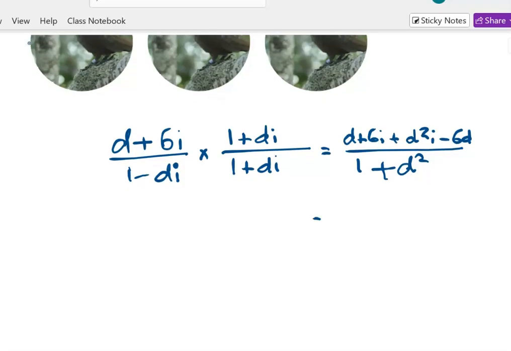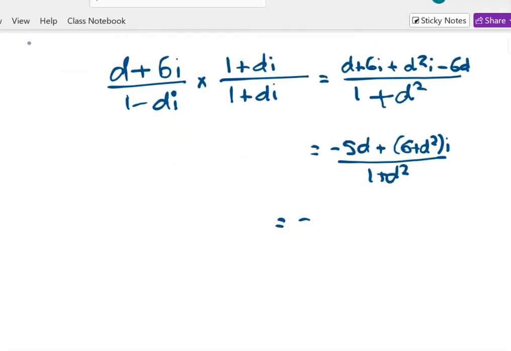I'm going to clean that up, and it will give me (-5d + 6 + d squared i) all over 1 + d squared. And it's good to split that up into the two parts. So we get -5d over (1 + d squared), plus (6 + d squared) over (1 + d squared) i.